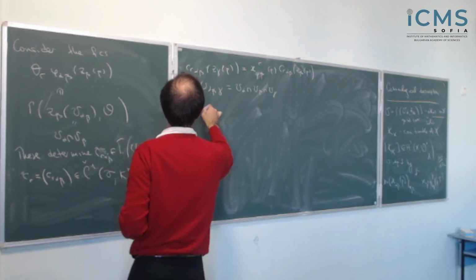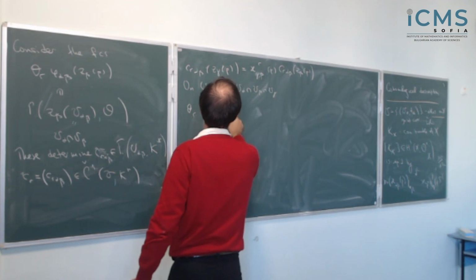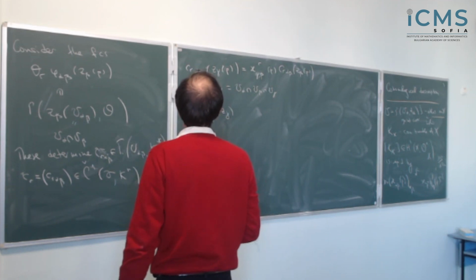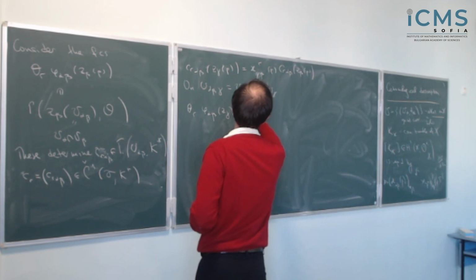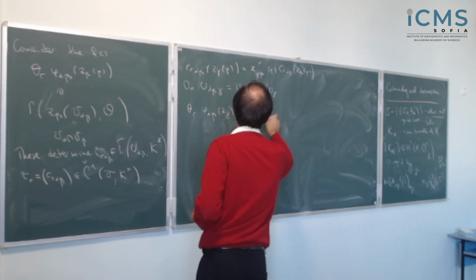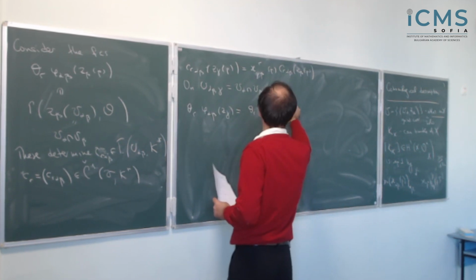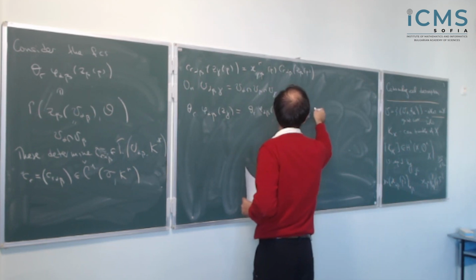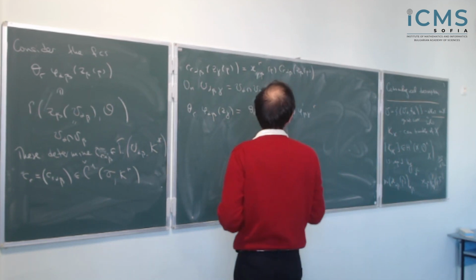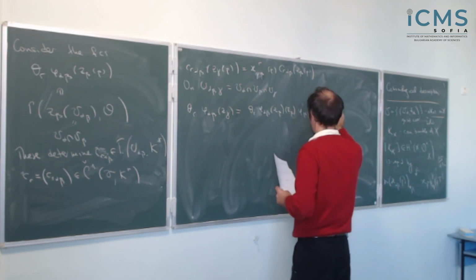If I look at theta_r of phi alpha beta, let's say of z gamma, I can write this as theta_r phi alpha beta of z beta times phi prime beta gamma to the alpha power, plus there was the second piece of the chain rule of the lemma, theta_r phi beta gamma.